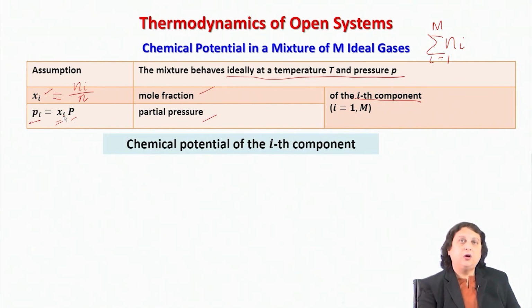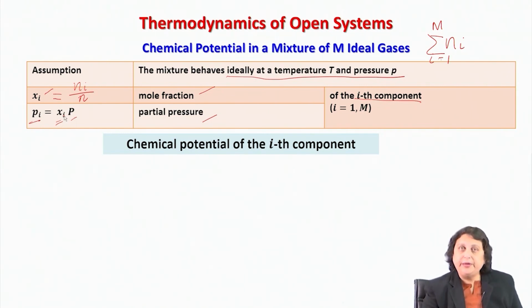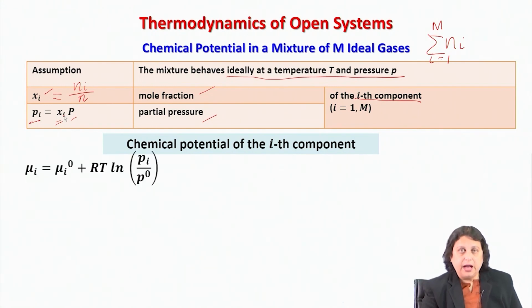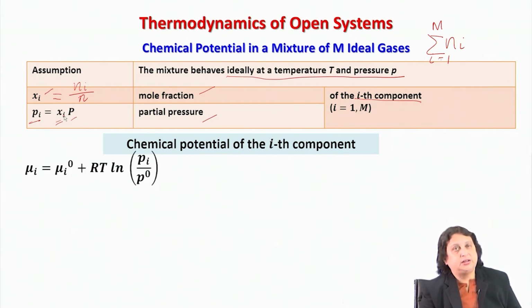With this, our idea is, in this mixture, can I find out the chemical potential of the ith component? So let us see how we can go about performing this task. I'm going to start by using the expression that I have derived for an ideal gas in my earlier slide.